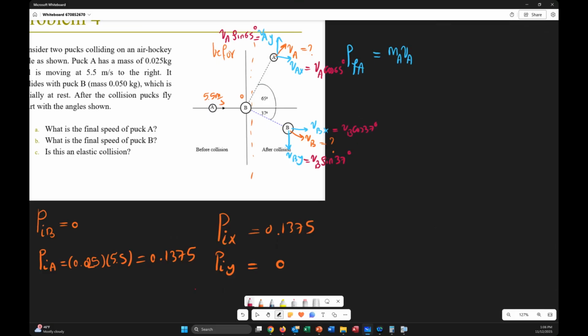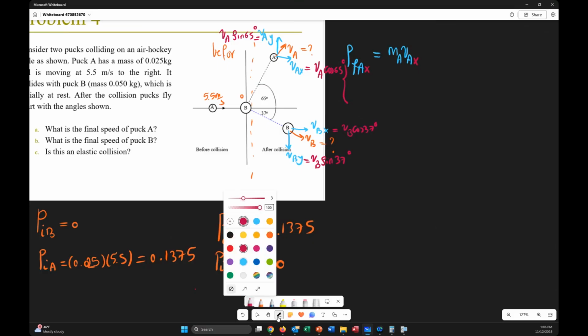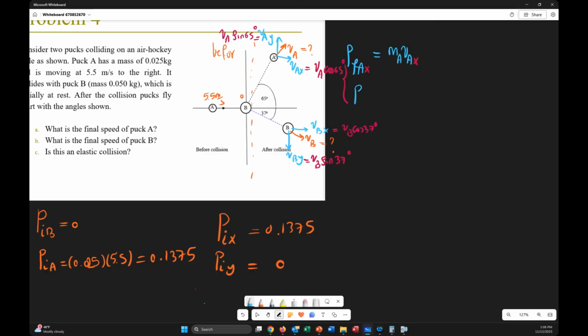Okay. So what I do here, when I am writing out the momentum of A final, I need to add X, yes. And then I need to add P final A, mass A, velocity A. Y, yes? Okay. What is the mass of A? 0.025.